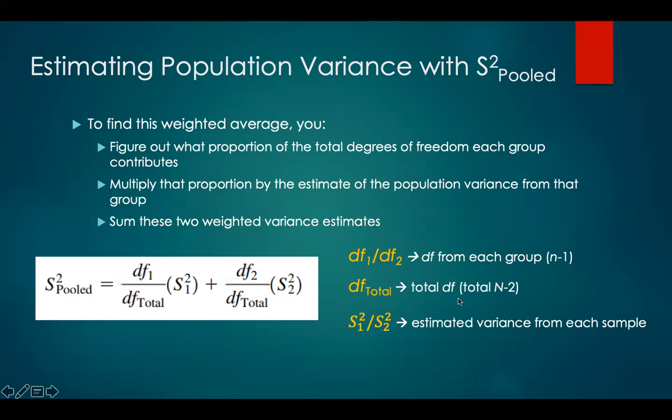And then df total is equivalent to your total sample size minus 2. So the number of men you have plus the number of women you have, minus 2. And s squared 1 and s squared 2 is your estimated variance from each sample. So that's sum of squares divided by degrees of freedom.